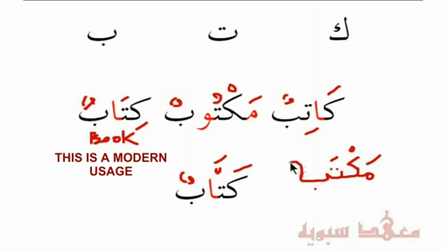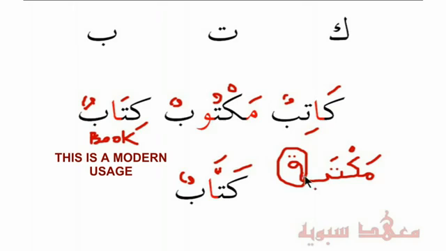If you add actually this letter, it's called a ta marbuta, it actually changes the meaning. Now, one meaning of ta is what's known as mubalagha, which is to give the meaning of something happening many times over and over. So, as I said, maktab is a place where you write.